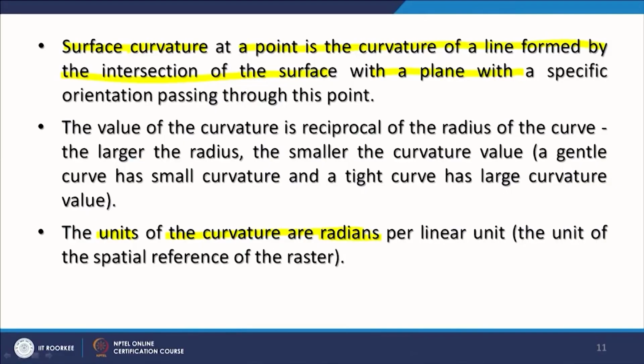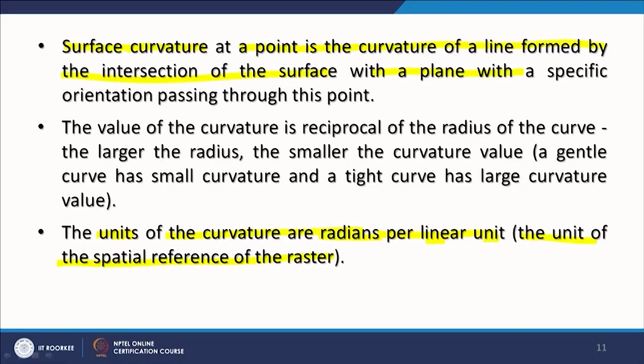The units of curvature are radians per linear unit of the spatial reference of the raster. So, if our units are in DD, then it is per linear DD. Now, curvatures can be of various types.